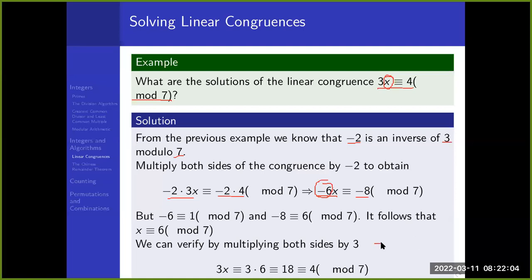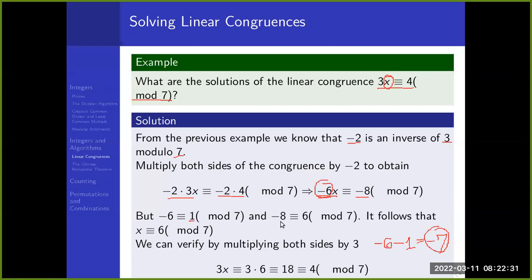Two numbers are congruent modulo 7 if their difference is divisible by 7. And you see the difference between -6 and 1 is -7, and -7 is divisible by 7. So they are congruent. So that means I can replace this -6 with 1.